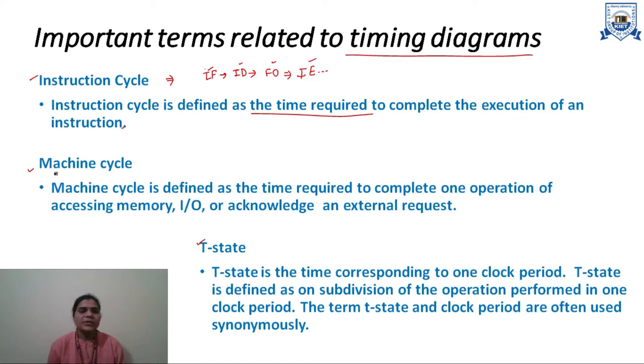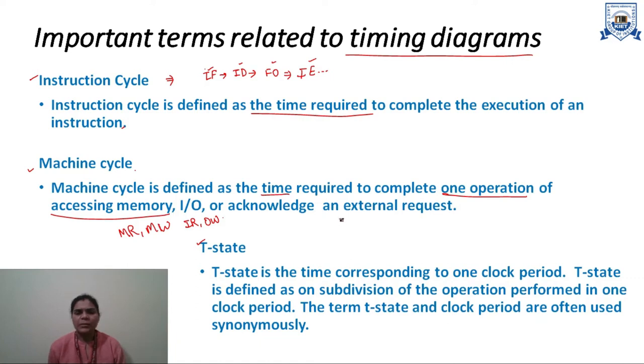Now, what is a machine cycle? Machine cycle is defined as the time required to complete one operation of accessing memory. It can be memory read or memory write, input read or output write, or acknowledging an external request.